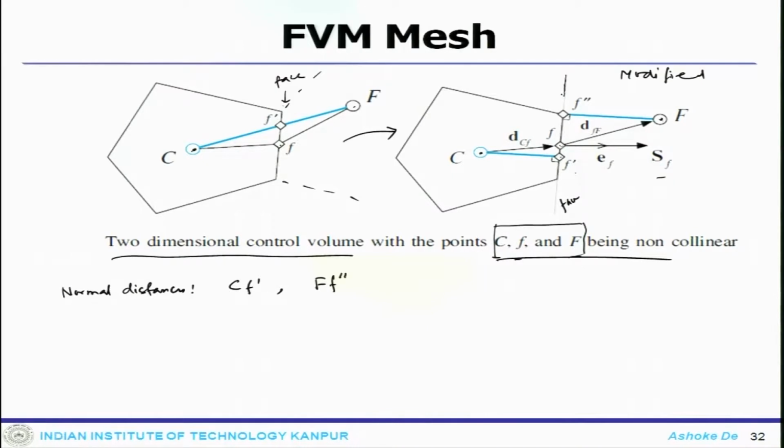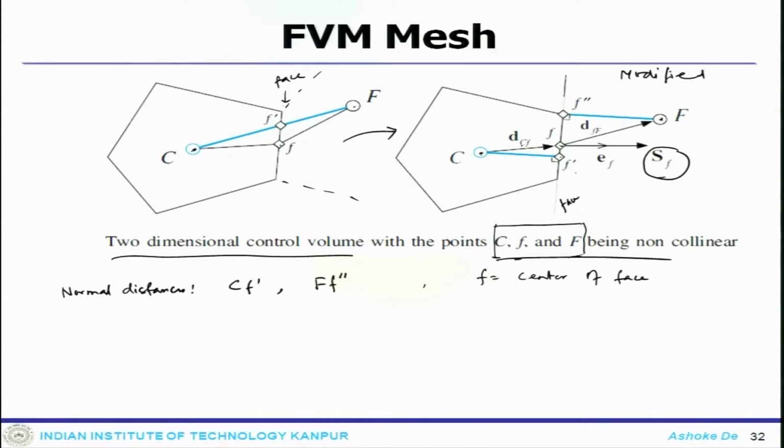Along that line you calculate a normal, and then here is your surface vector, which will be pointing outward. Then you have a distance vector from small f, the center of the face.